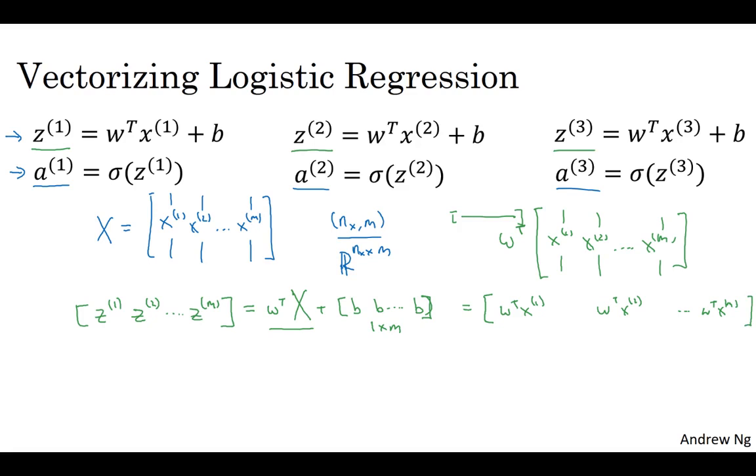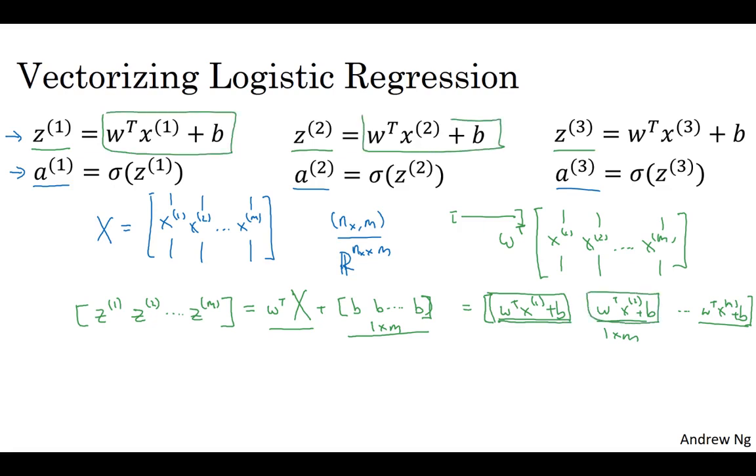And then when you add this second term, [b, b, b, b, and so on], you end up adding b to each element. So you end up with another 1 by m vector, where that's the first element, that's the second element, and so on, and that's the mth element. And if you refer to the definitions above, this first element is exactly the definition of z1. The second element is exactly the definition of z2, and so on.